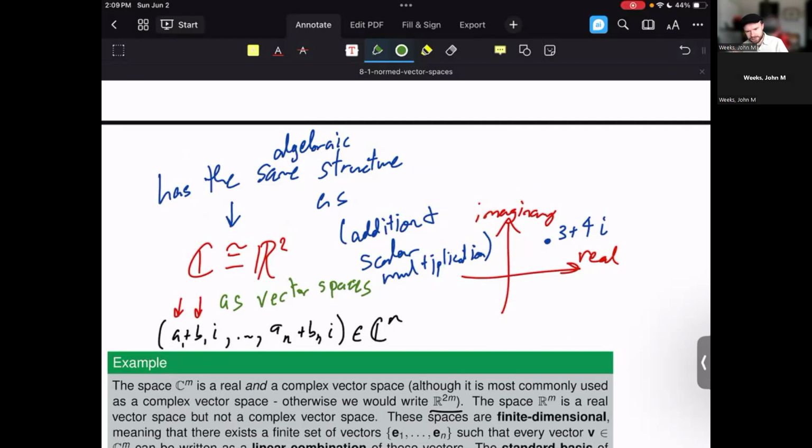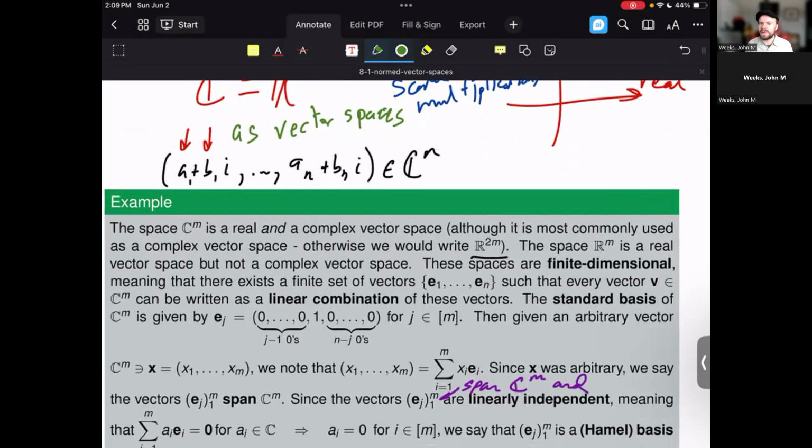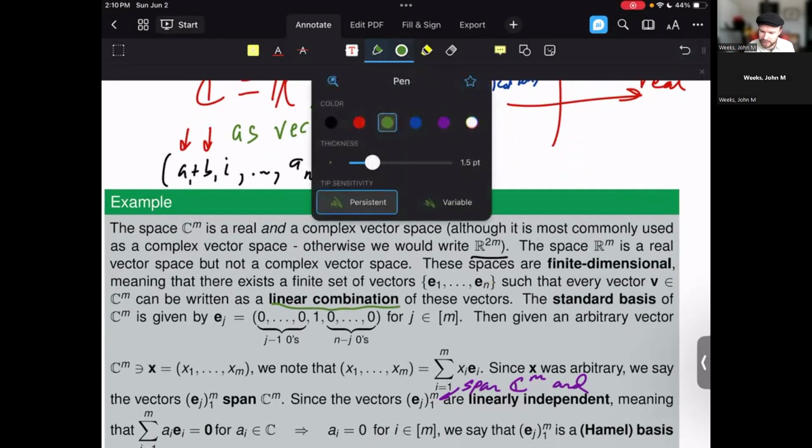Now, the spaces C^m or R^m, whichever one that we're working with, these both are finite dimensional spaces, which means that there exists a finite set of vectors so that every vector can be written as a linear combination of those groups of vectors. I suppose here I should have put m, so let me do that.